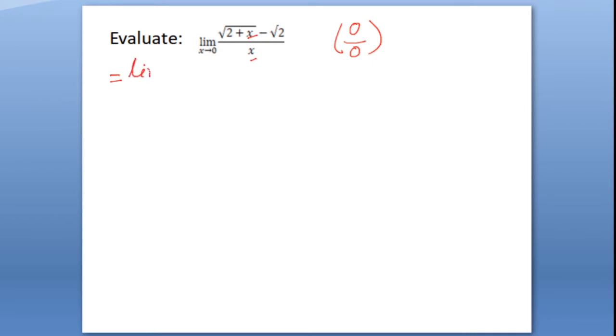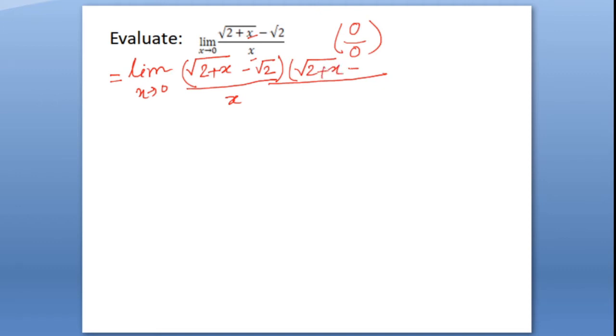Limit x tends to 0. Here for rationalization we will multiply with the conjugate, that means this is by x, and the conjugate of this part will be root over of 2 plus x plus root 2 by root over of 2 plus x plus root 2.